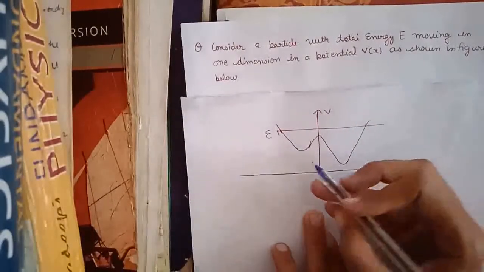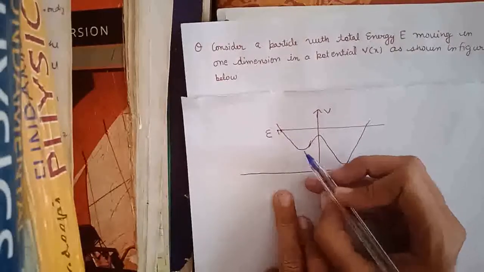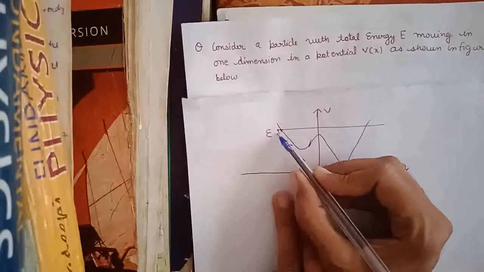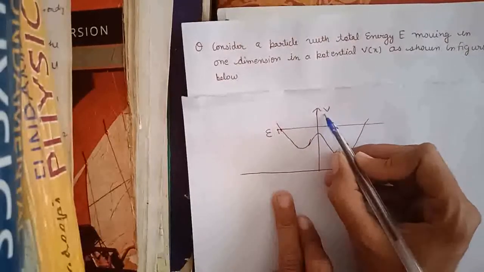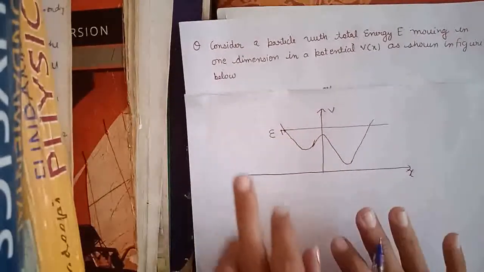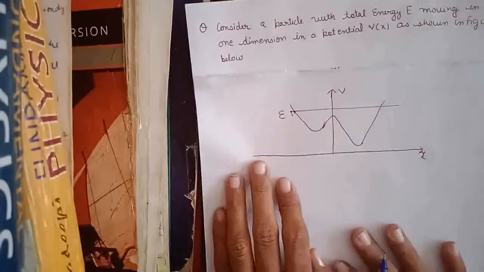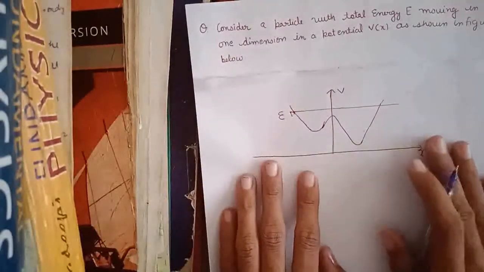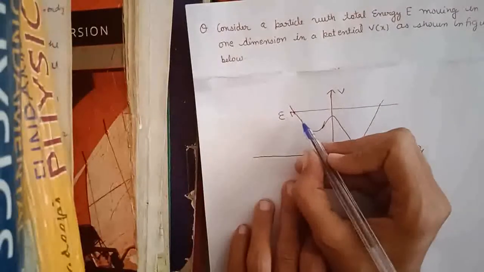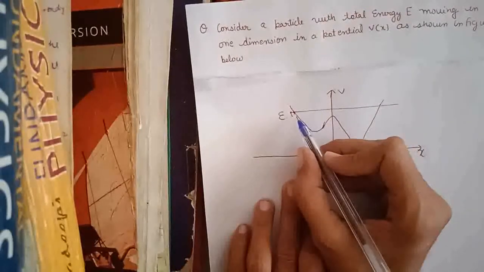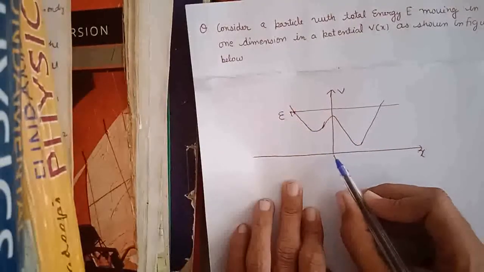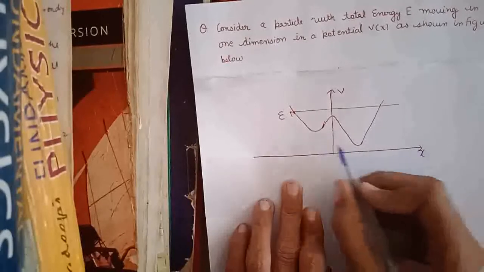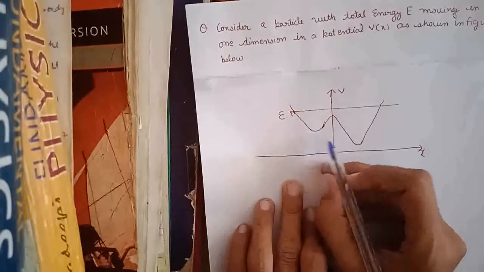You can see in the figure that the total energy is given as E and this is the potential V. Now from this graph we can conclude that the particle is moving in a potential V, and we can easily observe how its position is changing at different potential.